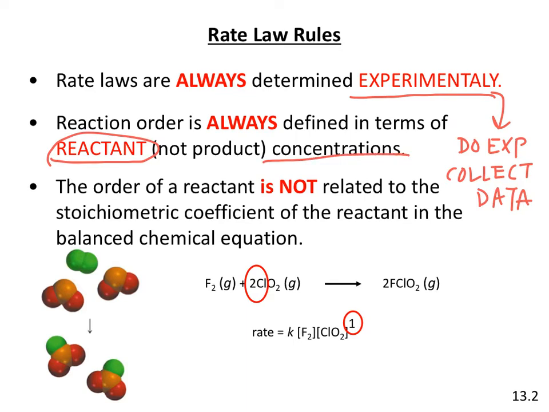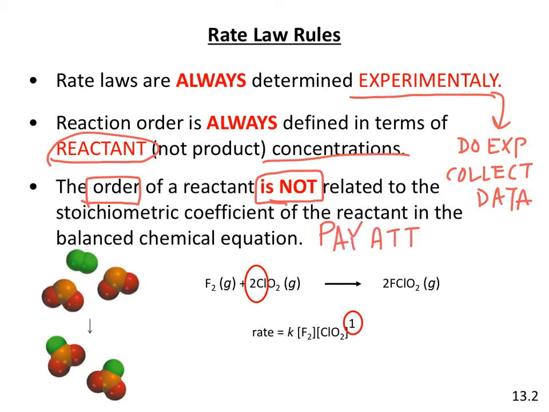Okay. And finally, the order, this is a new term we're going to learn about. The order of a reactant is not related to the stoichiometric coefficient of the reactant in the balanced chemical equation. So this is something to pay attention to.